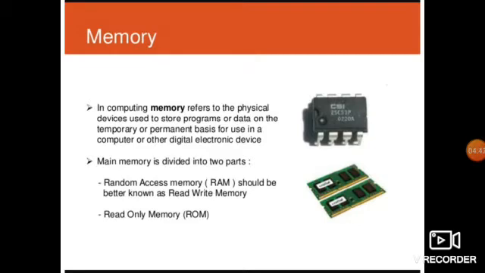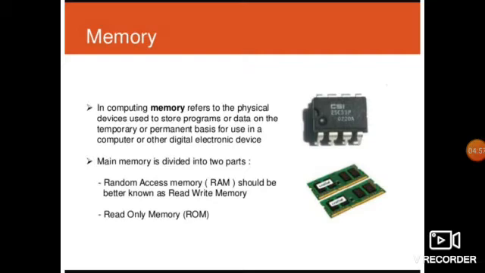The memory of the computer is divided into two parts. First is the primary memory, which is also known as the main memory of the computer, and second is the secondary memory.